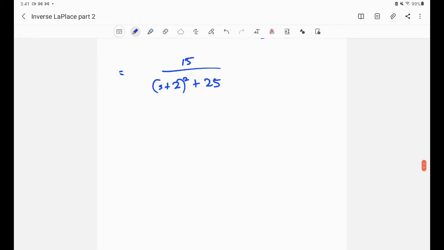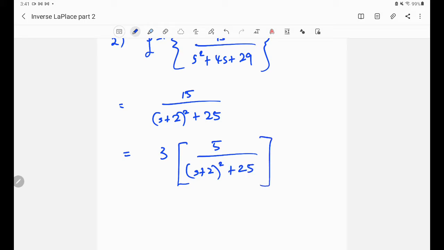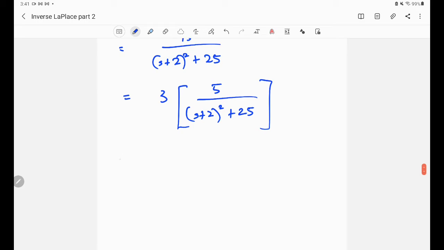In this form we can see that we can break this further into 3 times 5 over ((s plus 2) squared plus 25). Okay, so when you do the inverse Laplace of this, we get 3 times 1/5 times 5 over ((s plus 2) squared plus 25).